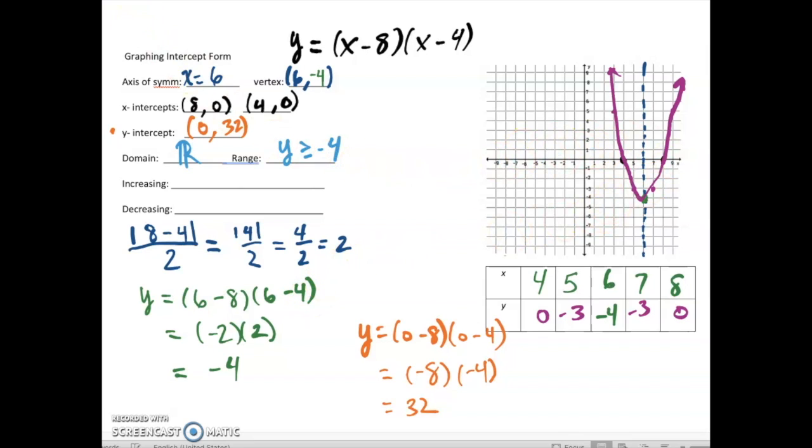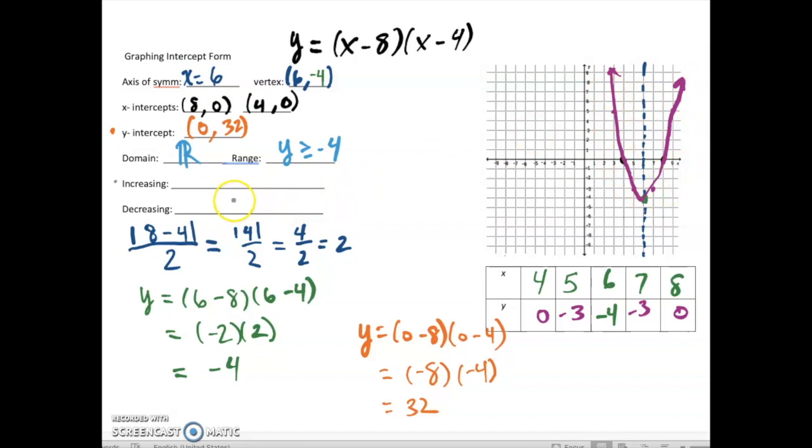As far as my increasing and decreasing goes, we're looking like this. If I'm on my graph, I can only read it from left to right. It starts at 6, and this is a good indication of where that is. It's going to be at my vertex or at my axis of symmetry. I'm going to go from decreasing to increasing.